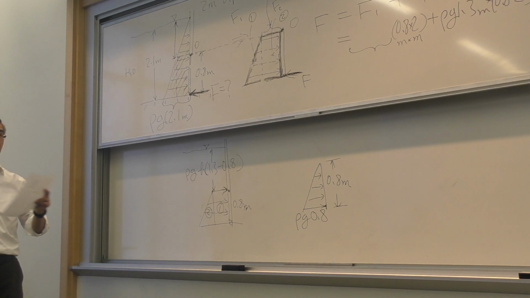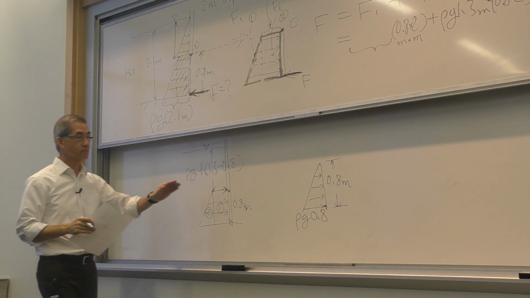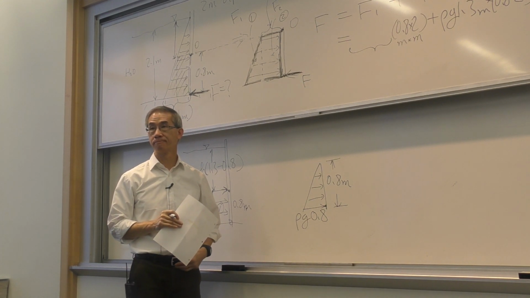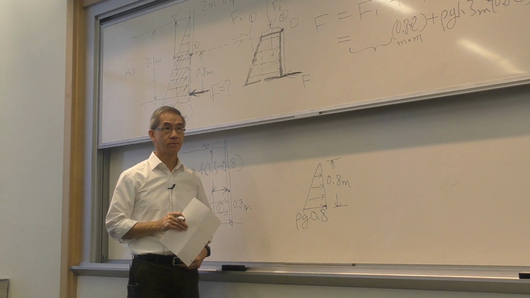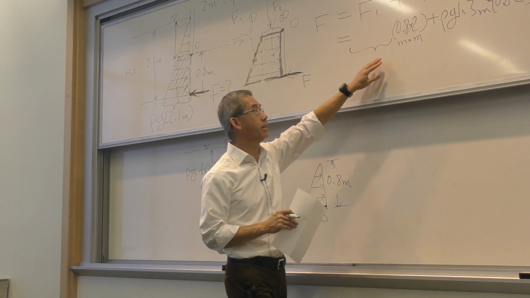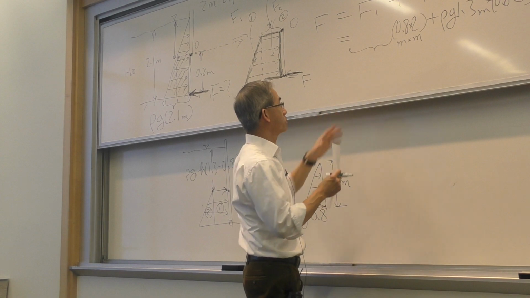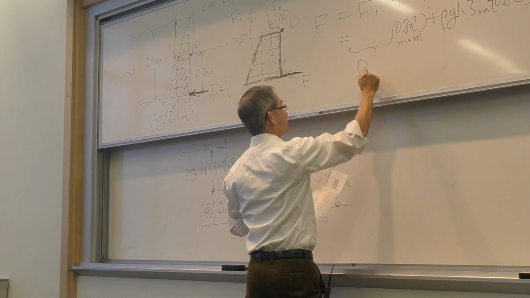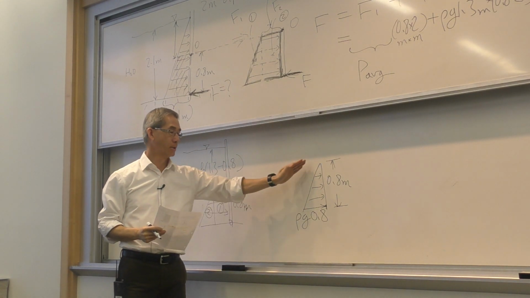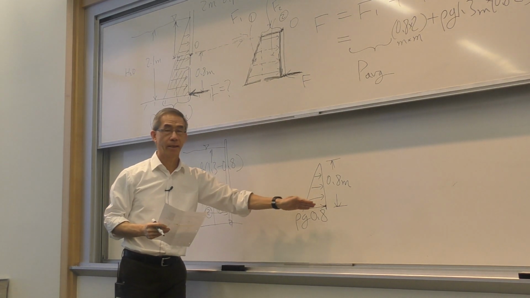So now I want to forget everything we have done so far, and just look at this pressure prism and go back to what we did last lecture. The force is pressure times an area. This pressure is an average pressure that I yet need to determine based on this right angle triangle.